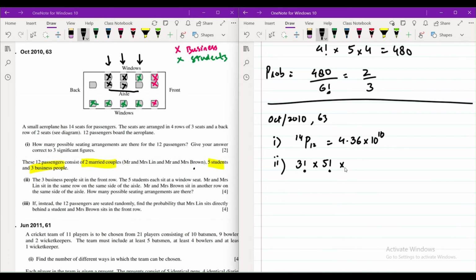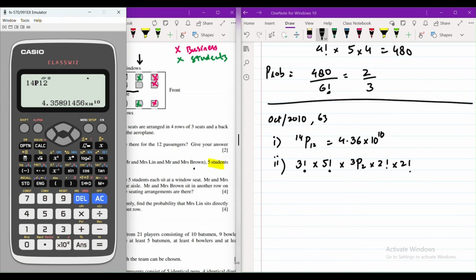So 3p2, because we have two couples, three possible places, and their internal rotations will also be counted, because the wives and the husbands can interchange their places also.